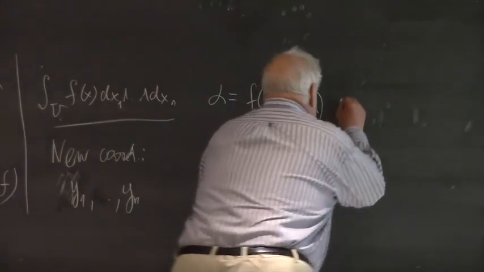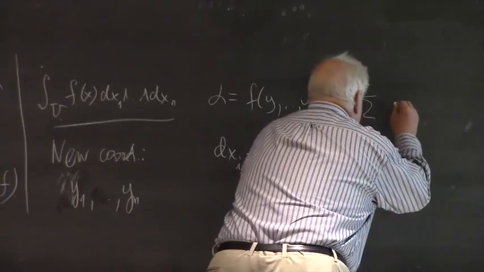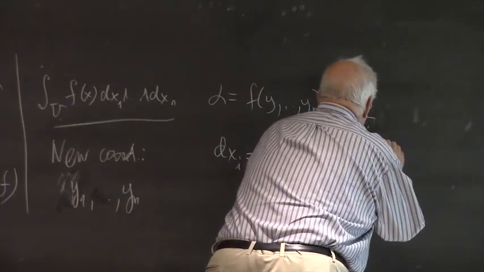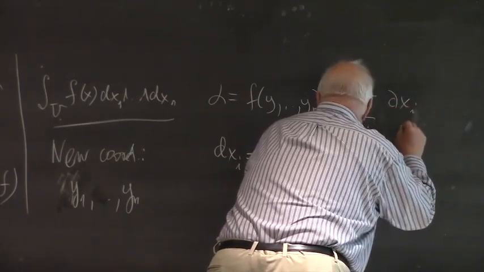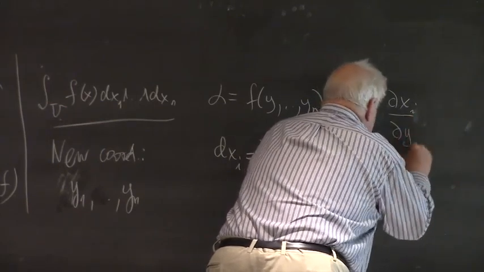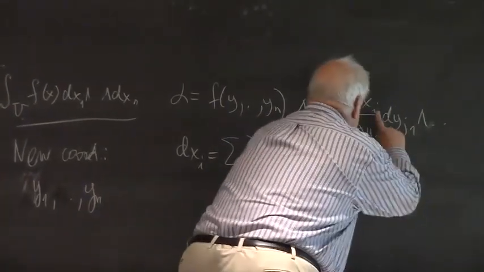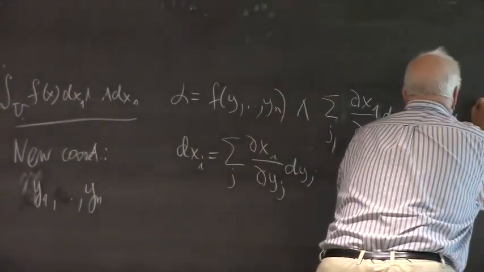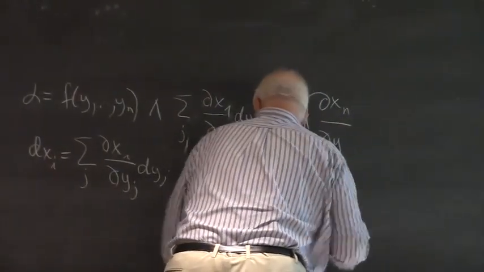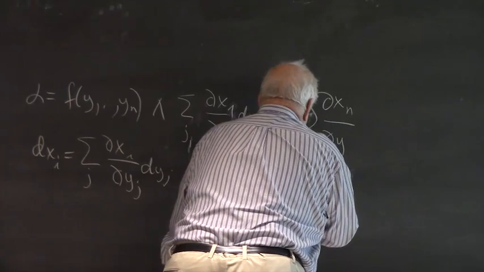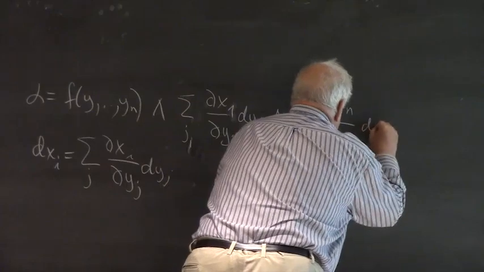So this expression becomes the following: the sum over j1 of dx1 over dyj1 dyj1, and so on, similar expressions, also the sum over jn of dxn over dyjn dyjn. Okay.